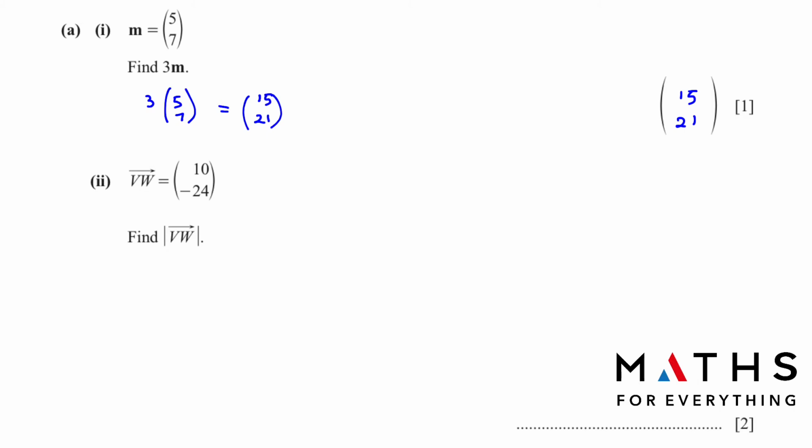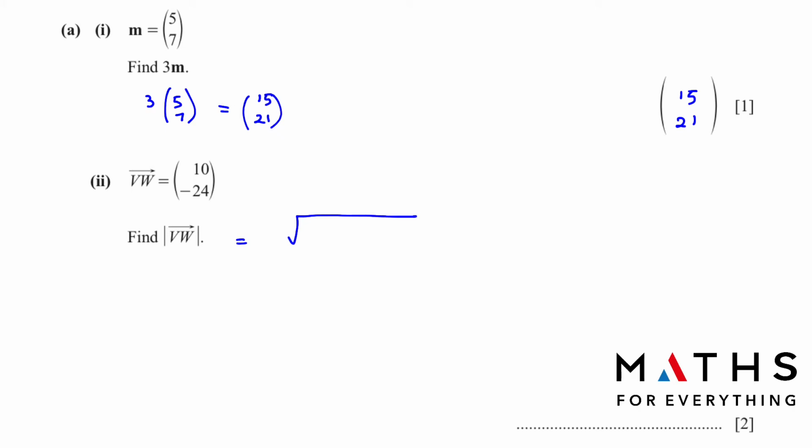The next one is vector VW is equal to column vector 10, negative 24. We have been given vector VW with this line, this is the absolute value sign. This in vector language means find the magnitude. To find the magnitude, we use the formula.